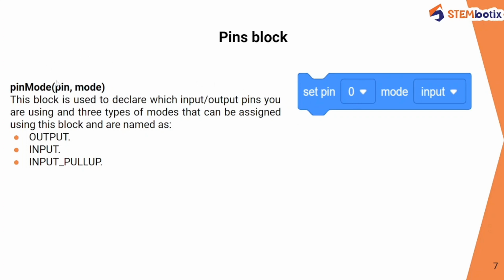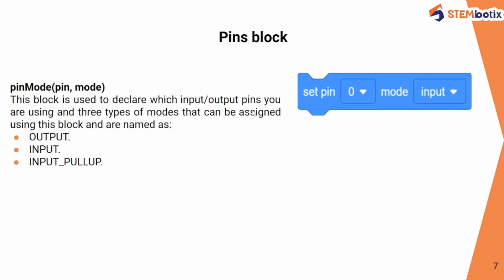Basically this pin mode, in brackets pin and mode, as I mentioned previously with the example of the LED. Here it's a C language command, pin mode in brackets pin and mode. So in place of pin, we will write digital pin 3, and in mode we will write output.